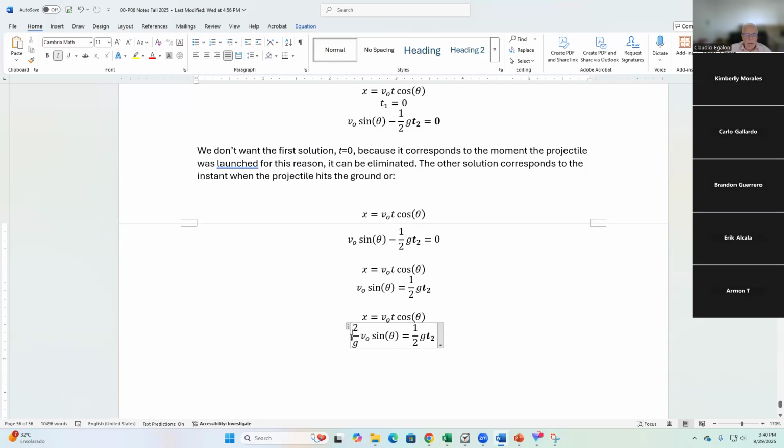That's what T2 is all about. Two V naught sine of theta over G. 2V naught over G sine of theta.